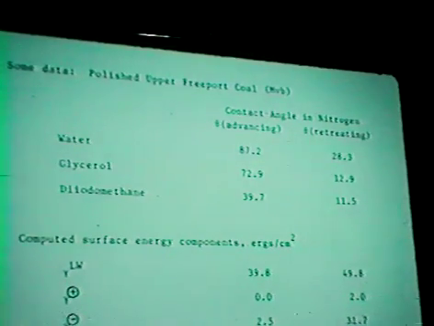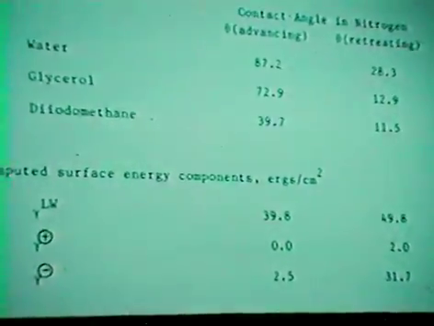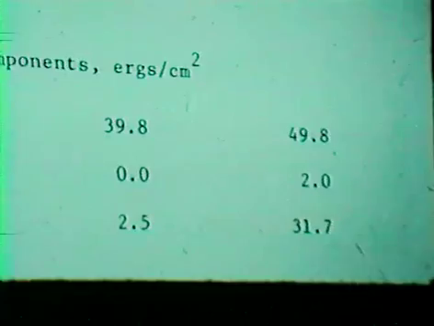From this, we calculate the surface energy components. The gamma LW is 39.8, and 49.8 for the gamma LW based on the retreating angle.